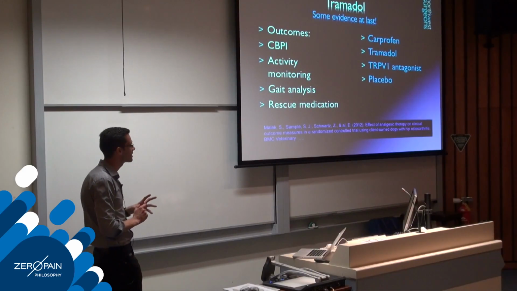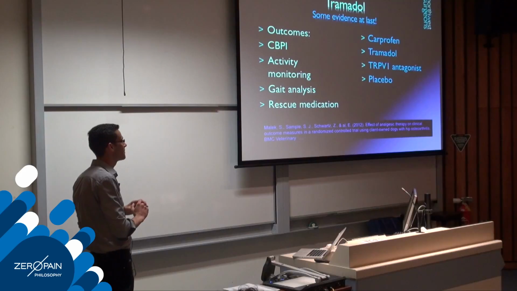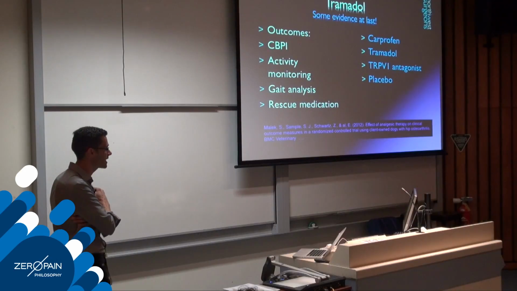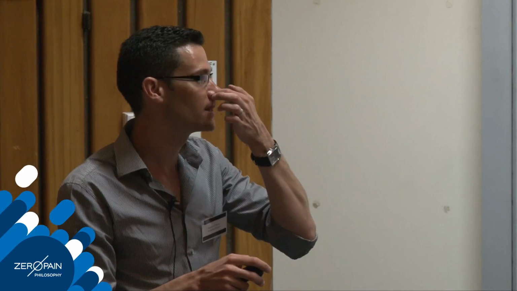There is a little inkling of evidence for Tramadol that came out of this paper looking at a novel drug, a TRPV1 antagonist. So TRPV1 are receptors on the nociceptor. So you can see where analgesic research has moved on to actually looking at targets. This is a very valid drug target, and this company have developed an antagonist to this receptor, and it was compared against the gold standard being carprofen.